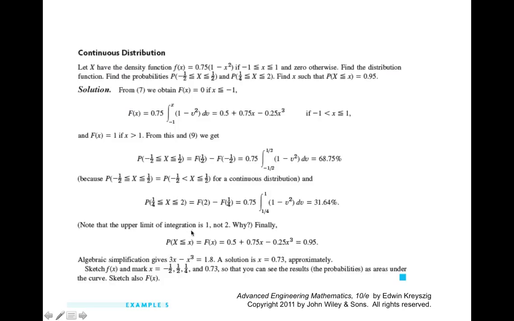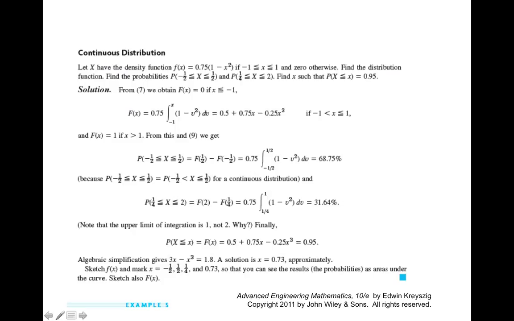If we want to find the probability that x lies between 1/4 and 2, then we basically would look at the integral from 1/4 to 1. Why 1? Because remember, our density function is only defined from -1 to 1. So we have to stop at 1. So that would give us 31.64%.